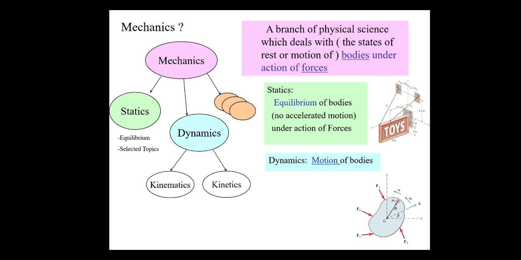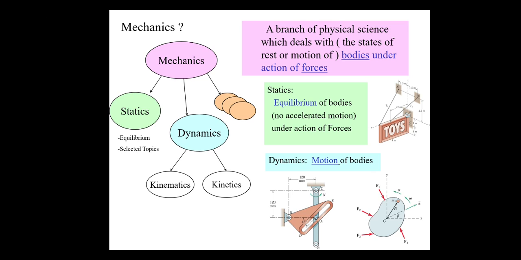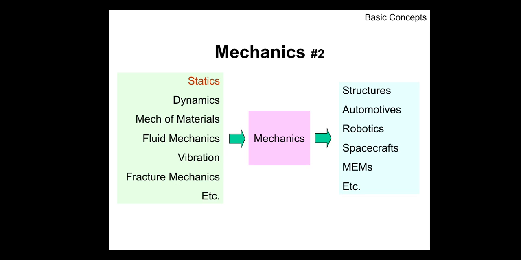This is one of the rigid bodies we consider. In the rigid body, four forces are acting at the same point. This is one of the examples. When we consider kinematics, we consider only particles and rigid bodies.